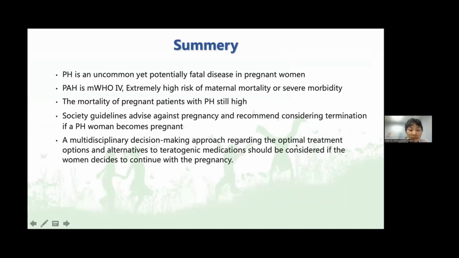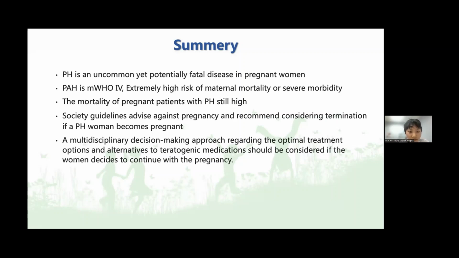So to summarize, PH is an uncommon yet potentially fatal disease in pregnant women, and PH is classified as WHO class 4, which means extremely high risk of maternal mortality or severe morbidity. And the mortality of pregnant patients with PH is still high, despite more and more PH-targeted therapy in recent years.